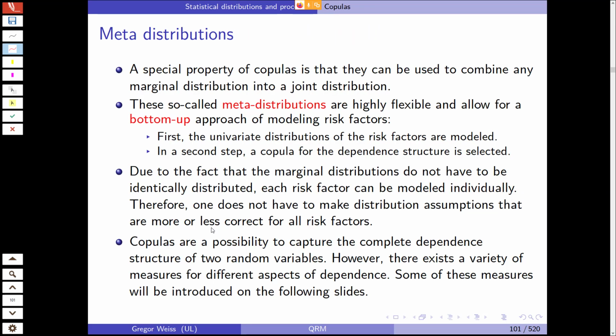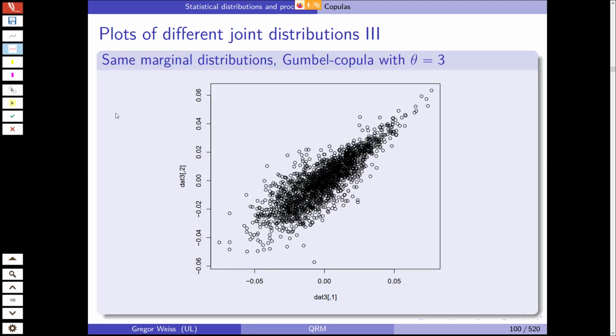Okay. What we've done now is what we call a meta distribution. What is done here is you choose any marginal distribution and you combine these marginal distributions with any given copula, and what you can come up with is a new joint distribution which has no name. So here in this case we had two different normal distributions.